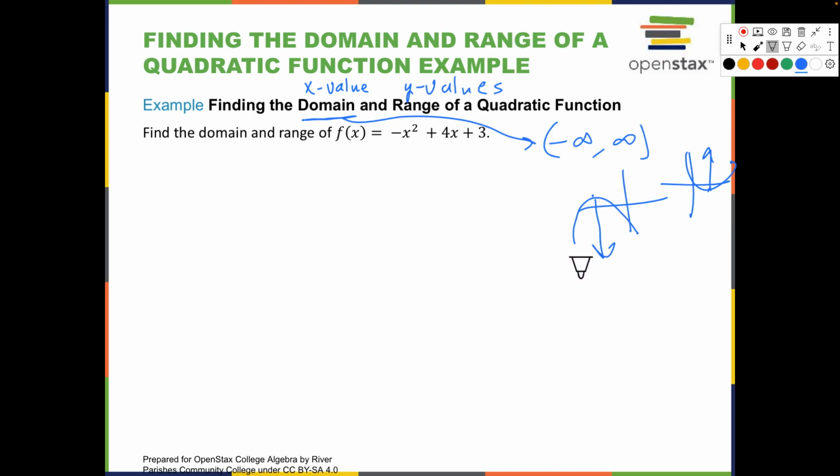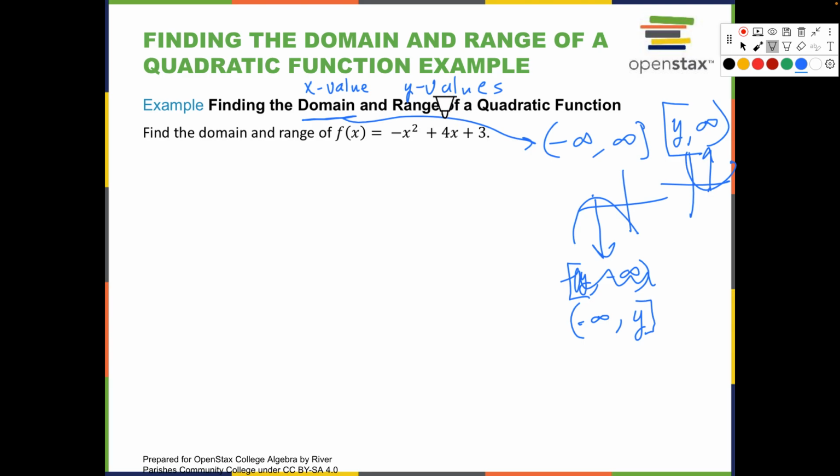So this would be the y-coordinate to negative infinity, or the range is going to be, sorry, that's backwards, right? Negative infinity is always the smallest number. Over here, it would be from y up to positive infinity, parentheses there, bracket there.